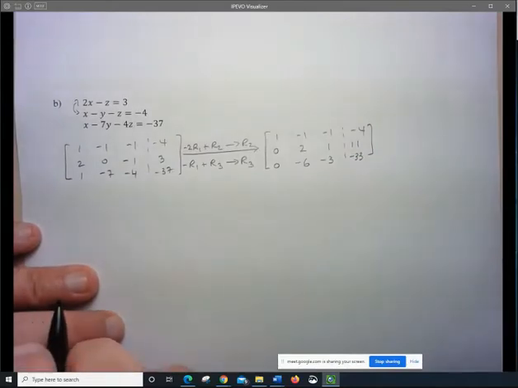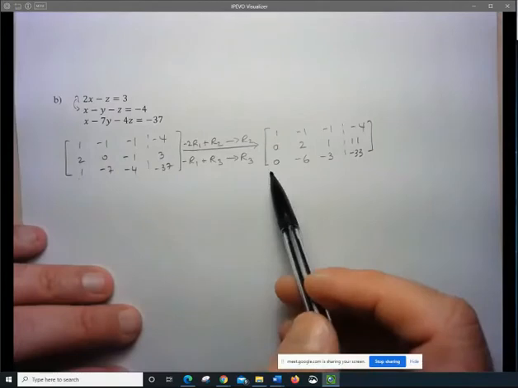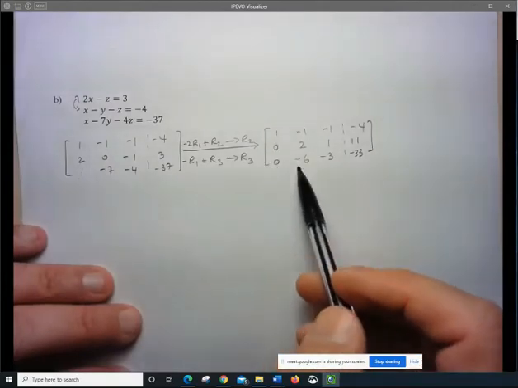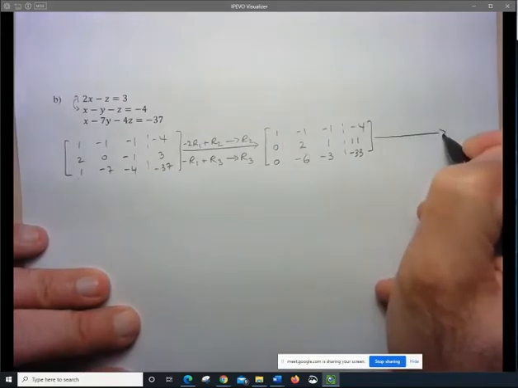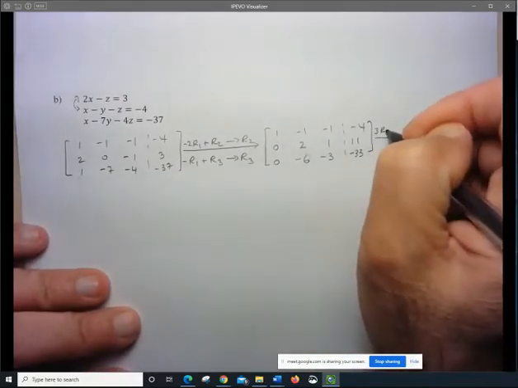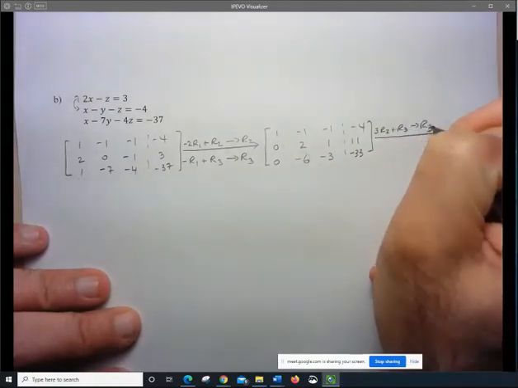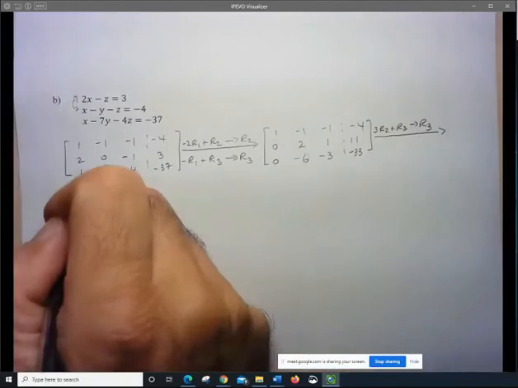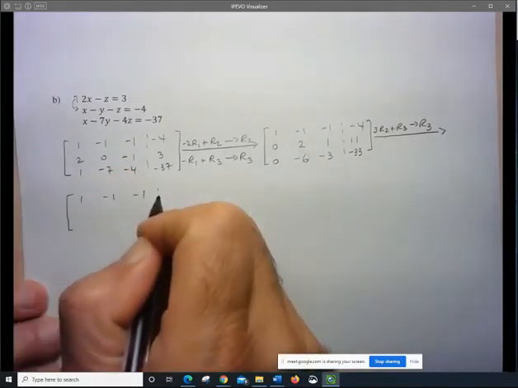So now let me do the next step. Now that I have these 2 zeros here, let's get my 0 there. Let's see what happens. I'm going to do 3 times row 2 plus row 3, and I'll replace row 3. So the first row doesn't change.